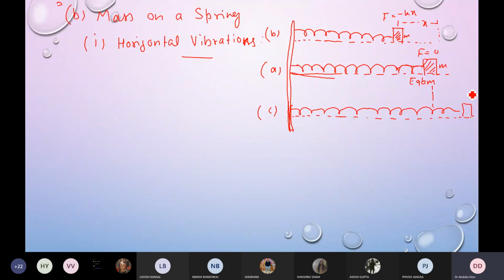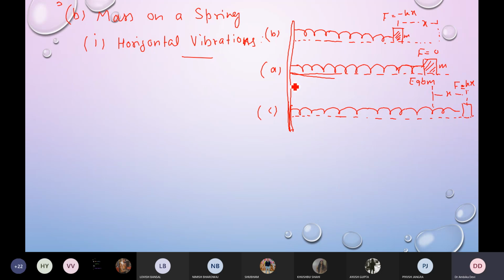So you can see this is the x displacement, right? Now since there is a displacement, there will also be a restoring force, and x is positive, so F is equal to kx will be acting over here, right? So these are the three cases.